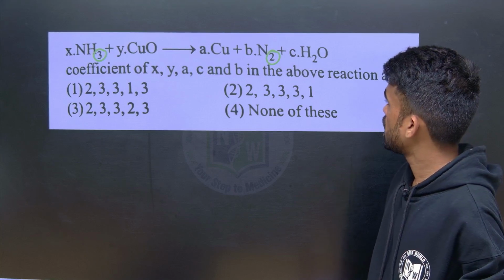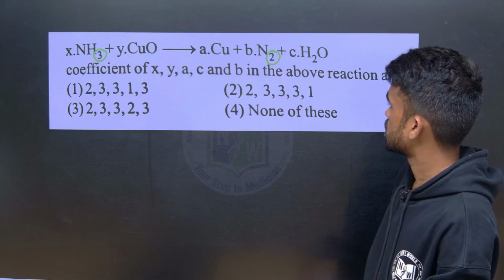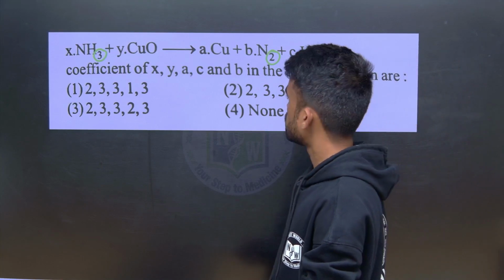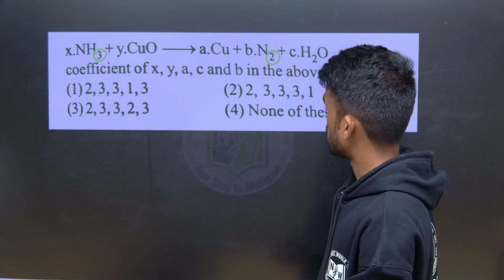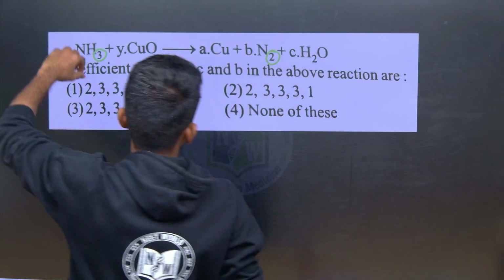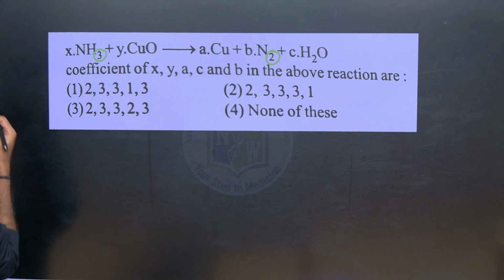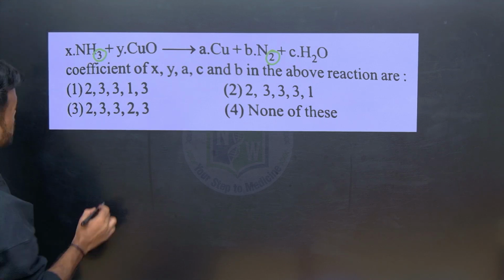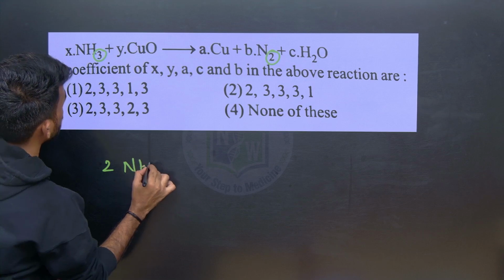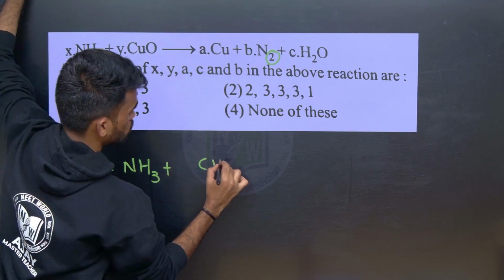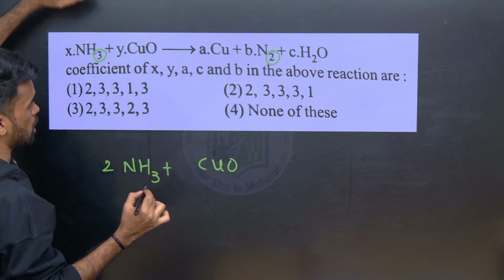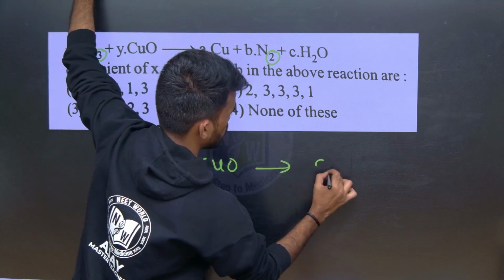Okay, so let us balance this. So complete copper. Okay, so what we will take is some number. So let us say 2NH3 I have plus CuO. Let us substitute this option and we will verify. Let me write the equation first.